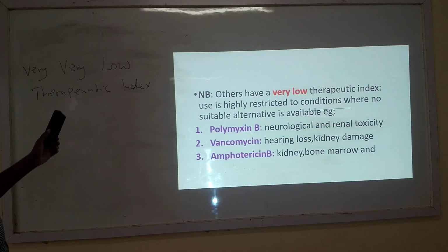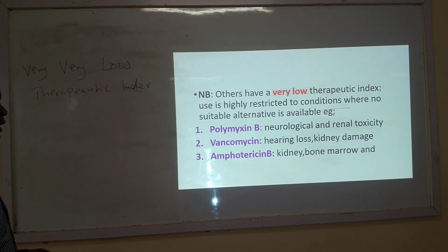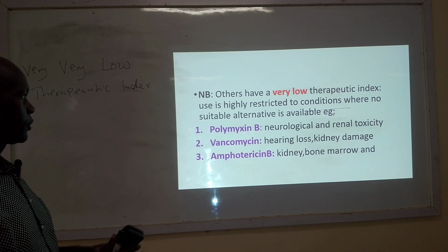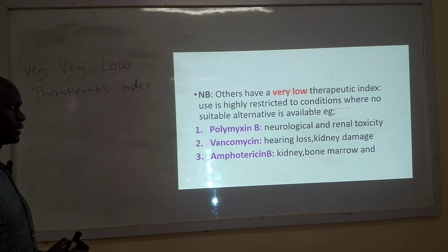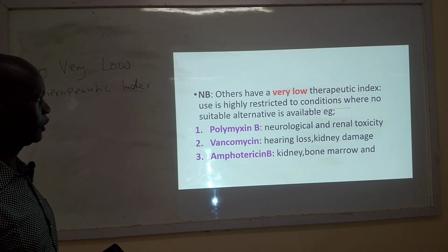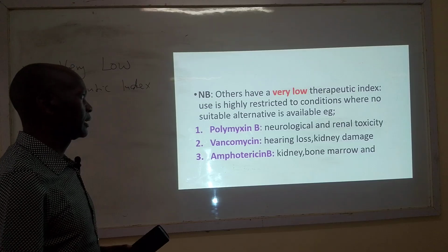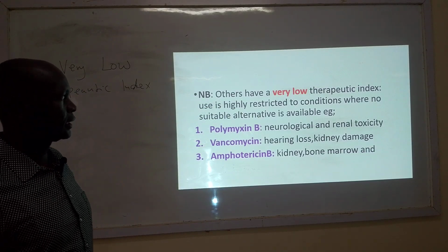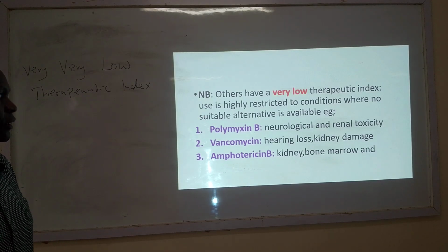They are only picked when all other antibiotics have been exhausted and the bacteria is non-responsive. Because these drugs have a very, very narrow therapeutic index, a slight increase in dosage will give you problems. So that's why their use is highly restricted to conditions where suitable alternatives are not available.